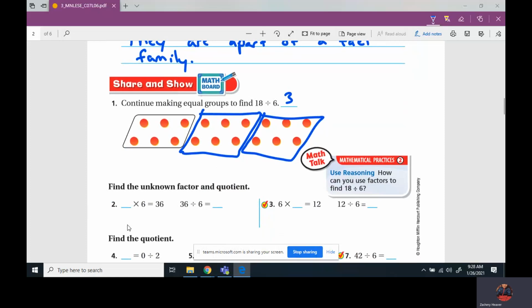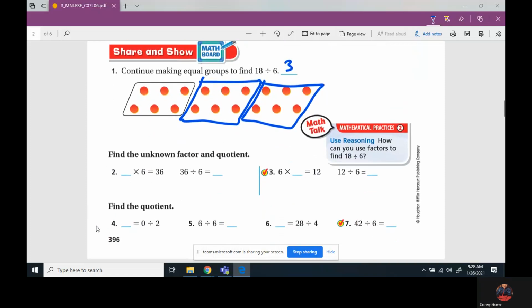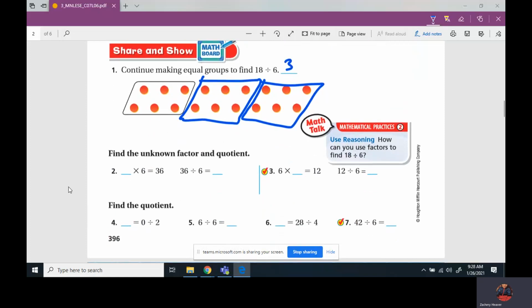Now it says find the unknown facts. We're going to go in order now. So, Troy, what times 6 equals 36? Look at your chart. What times 6 equals 36?